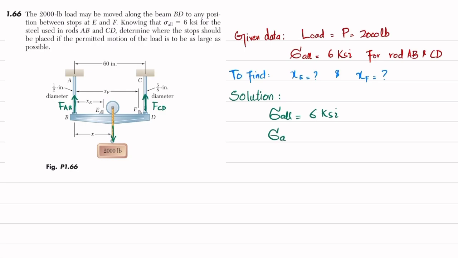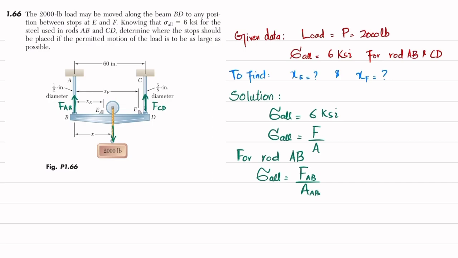and this is FAB. We have been given the allowable stress as 6 ksi, which is the maximum stress. We know that allowable stress is equal to force per unit area. So for rod AB, the allowable stress is equal to force AB divided by area of AB.